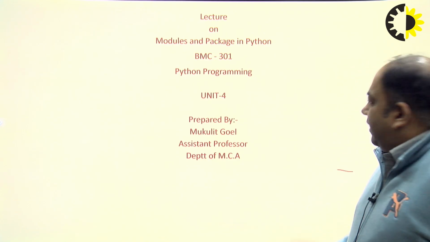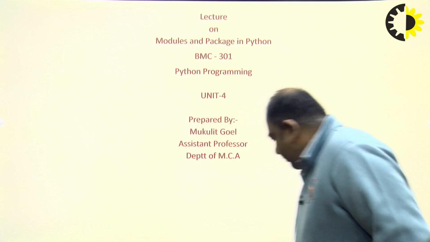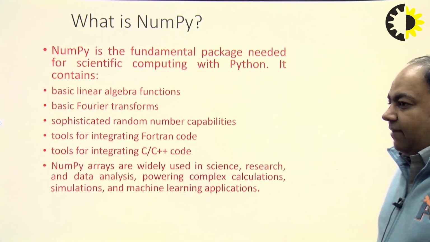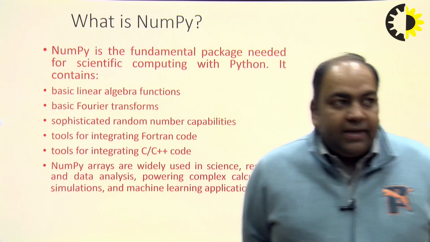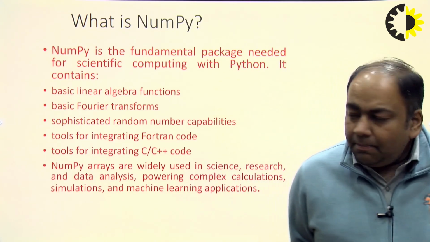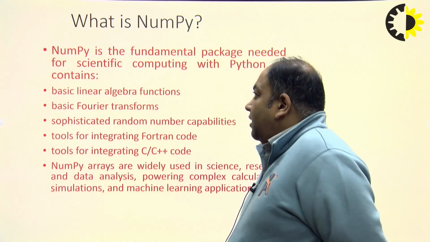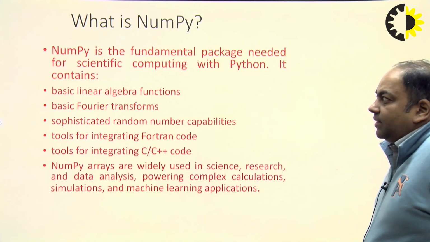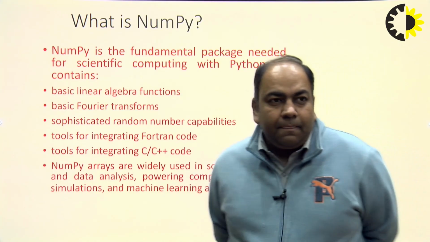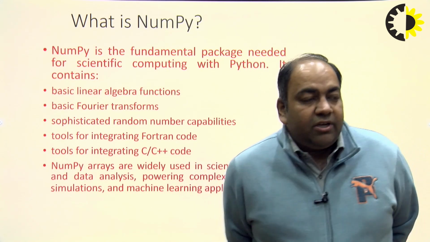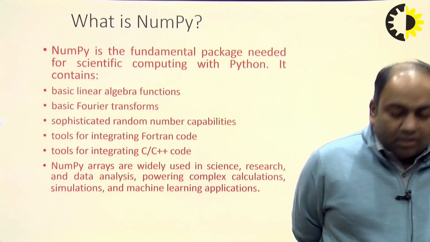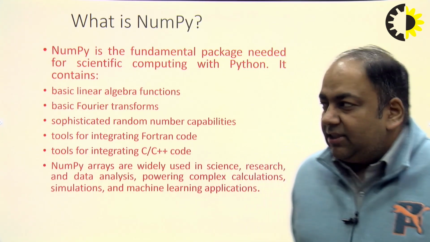So first of all I will start with one of the modules or packages in Python known as NumPy. Its full form is Numerical Python and its basic use is for scientific computing. What do you mean by scientific computing? Basically, scientific computing is used for doing mathematical calculations.